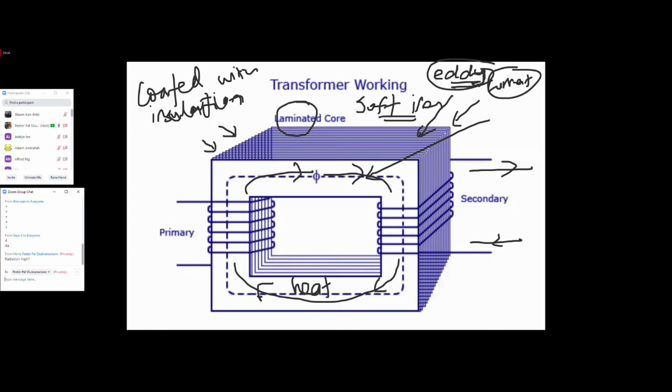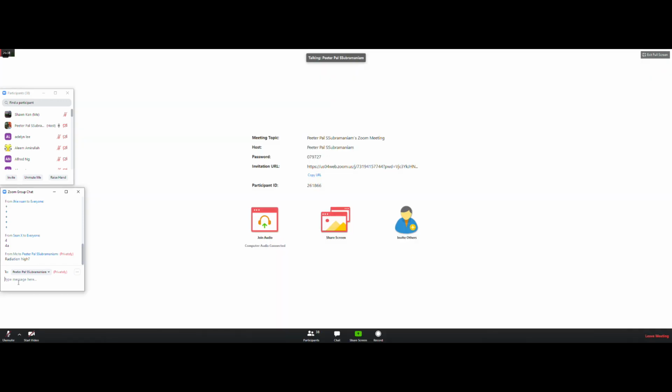How many of you have a mechanical magnet with you? Do you have a mechanical magnet? Not the compass, or how many of you have a mechanical compass? I don't want your handphone one, the digital one.